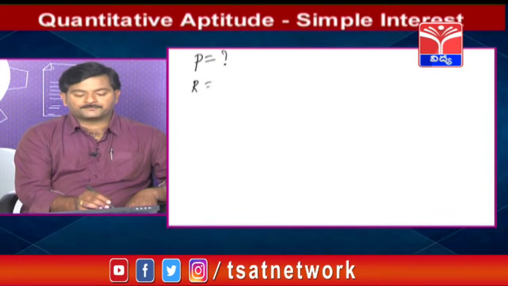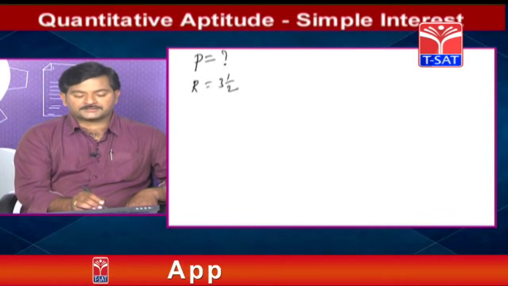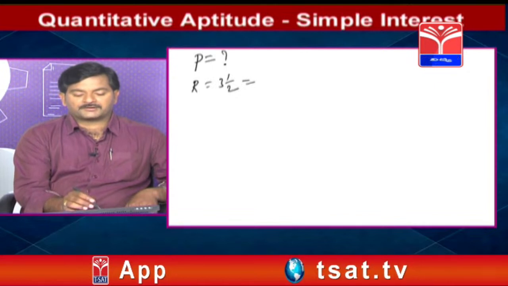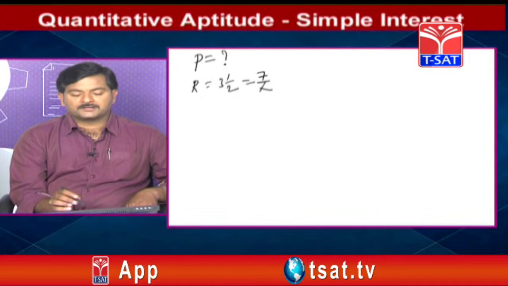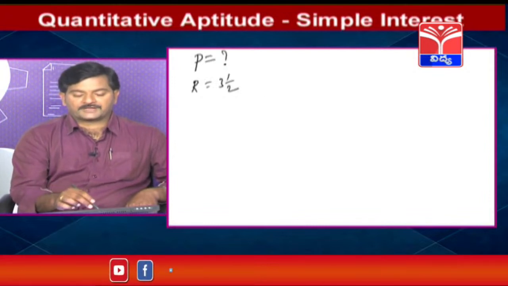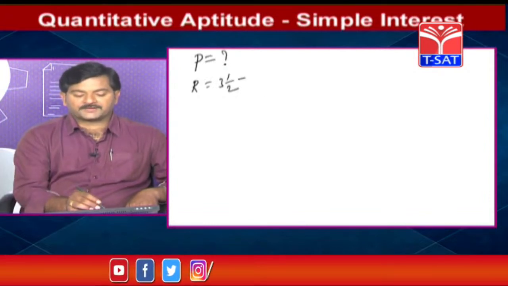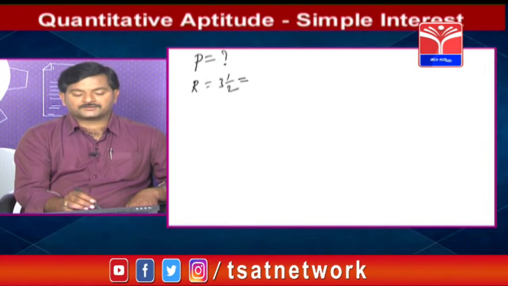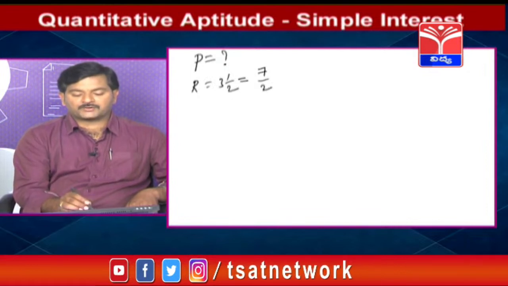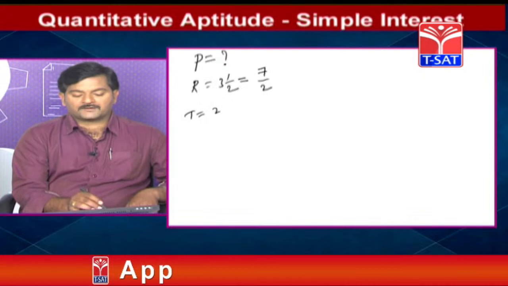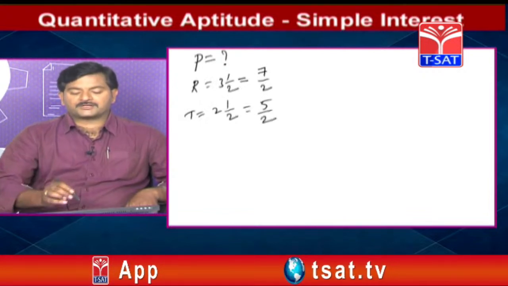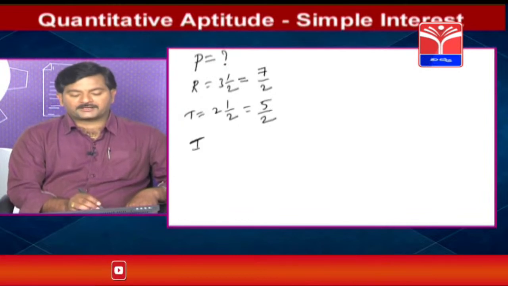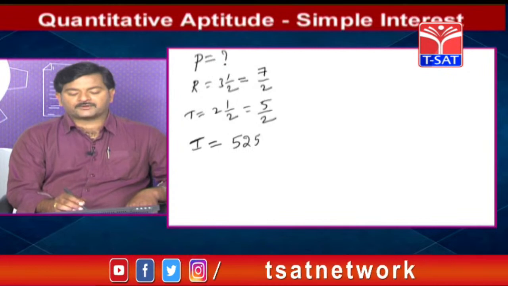The R value is given as 3 1/2 percent, which you can write as 7/2, converting the mixed fraction into a simple fraction: 3 times 2 is 6, plus 1, 7/2. Time is also given, 2.5 years, which is very clear, 5/2. And interest is also given, 525 rupees.